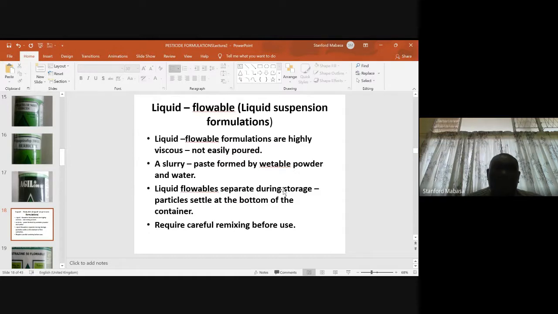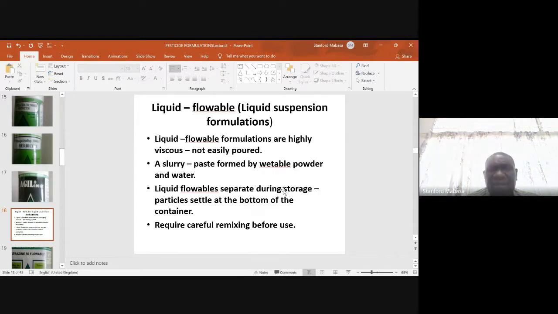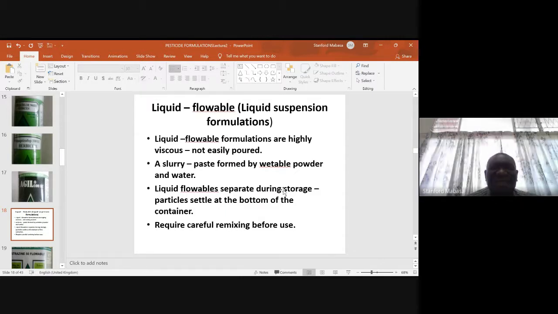If you want to measure, let's say you want to pour them in a measuring cylinder, it can be a messy job because they are not easily poured in the measuring cylinders. By the way, when you are measuring, when you are handling these, you need the gloves.